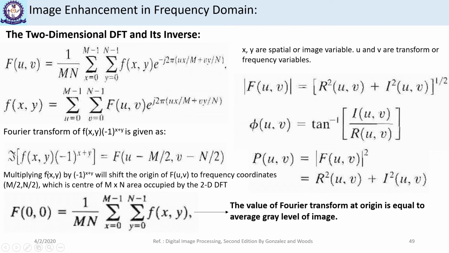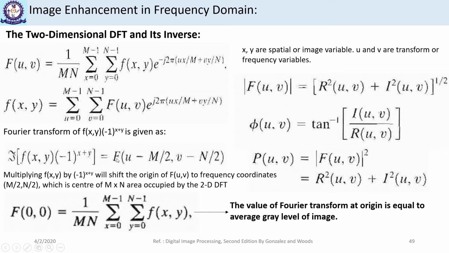Now by multiplying this signal by minus 1 raised to the power x plus y, what have we achieved? We have shifted the origin of F(u,v). Origin means when u is 0 and v is 0. This origin of F(u,v) we have shifted to the center of the m cross n area occupied by the 2D DFT. What would be the center of the occupied area?